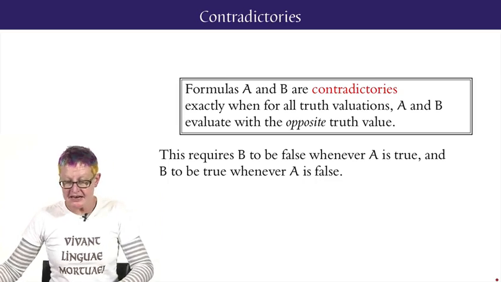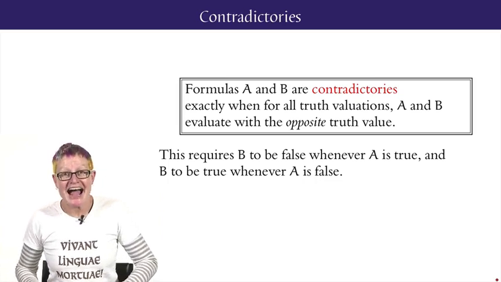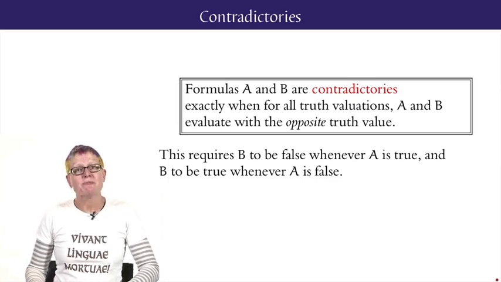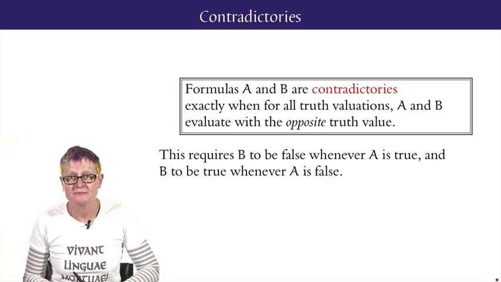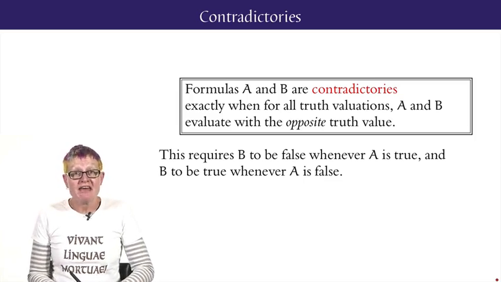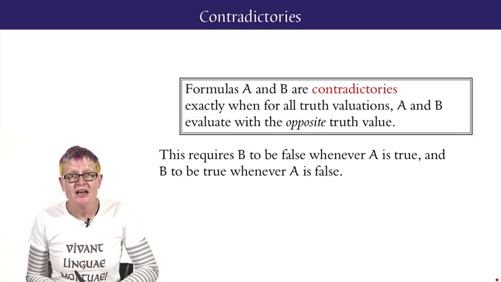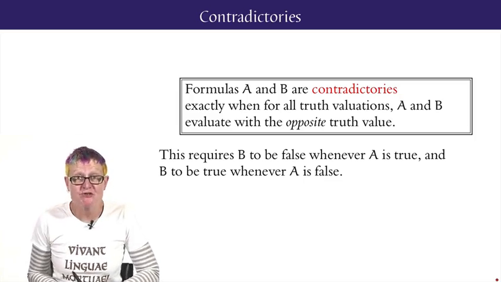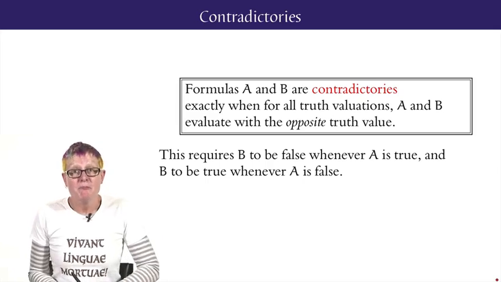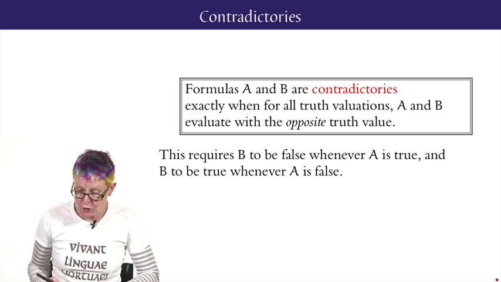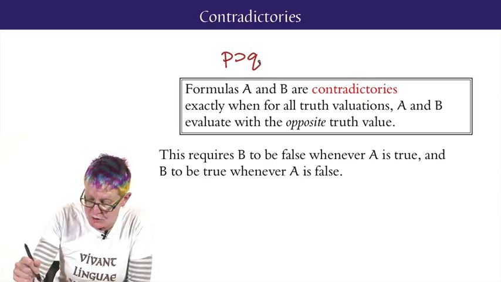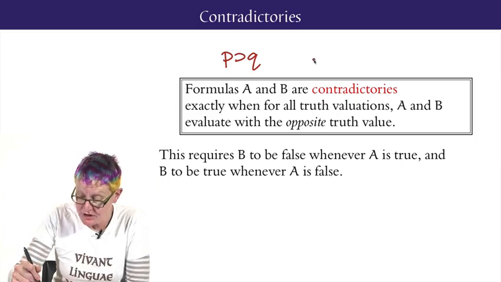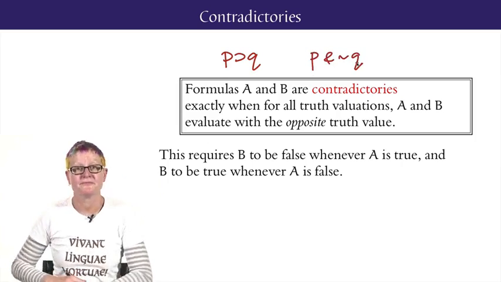This requires B to be false whenever A is true and B to be true whenever A is false. For example, if P then Q is logically contradictory with P and not Q. Write that down. If P then Q is logically contradictory with P and not Q.